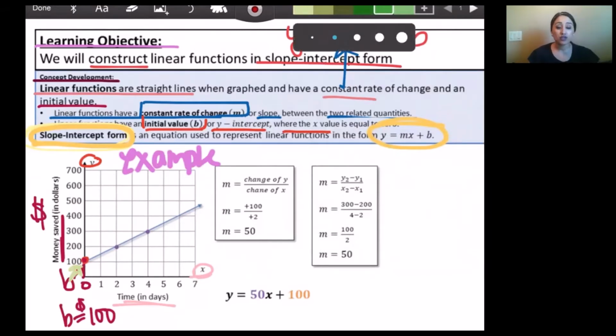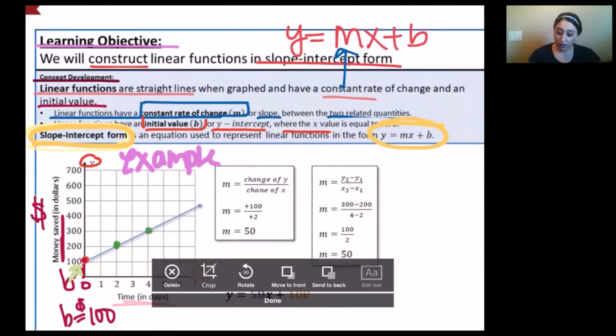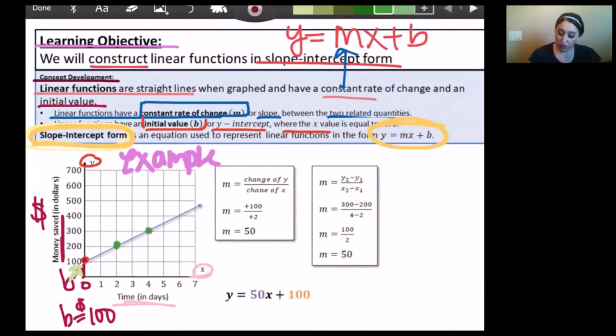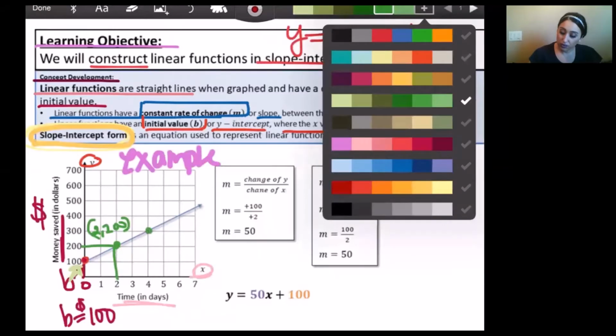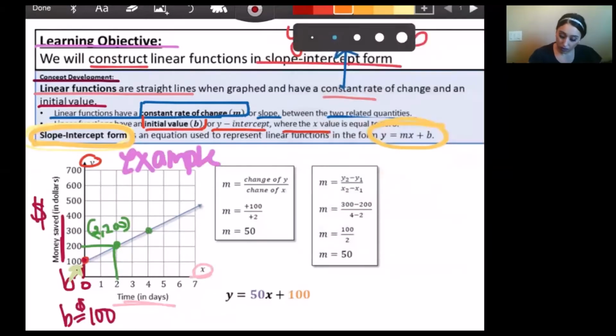Next, I'm going to choose 2 points from the graph or from the line. I'm going to choose 2 and 200. Next, I'm going to choose 4 and 300.